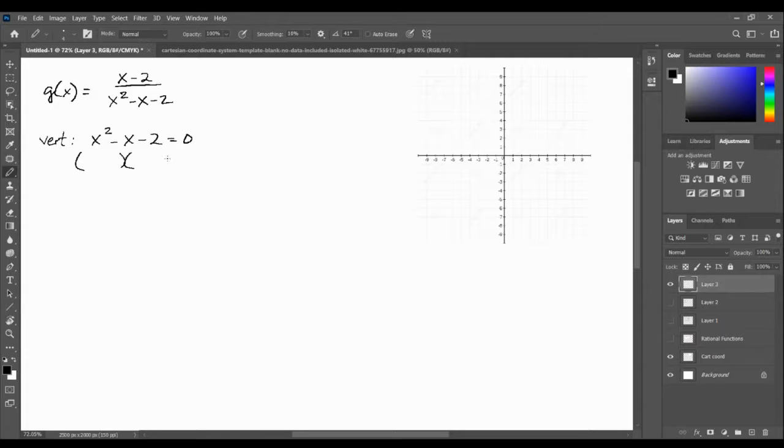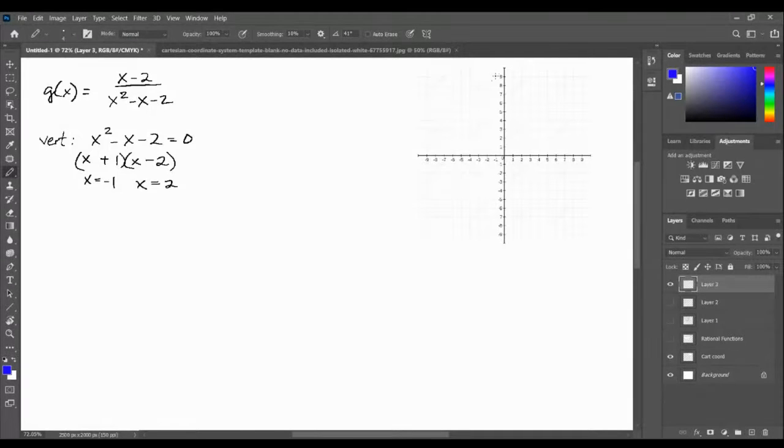Probably factor this. The x times x, 2 is prime, so it has to be 2 and 1. The larger value gets the sign of the middle since it's a negative 2 over here. So x equals negative 1 and x equals 2 would be our vertical asymptotes.